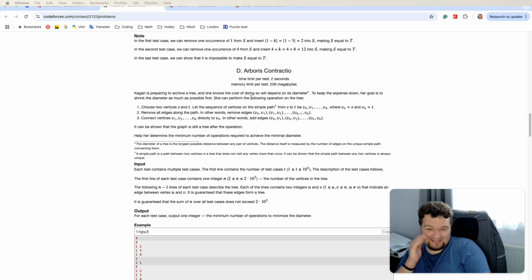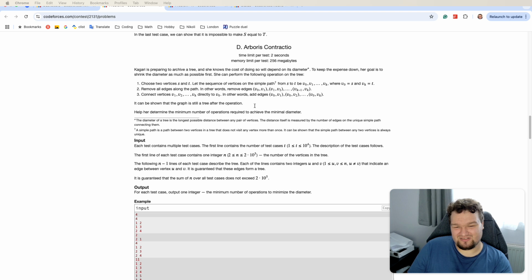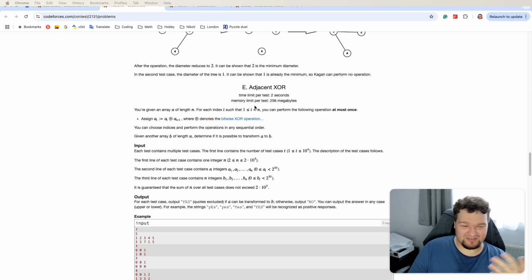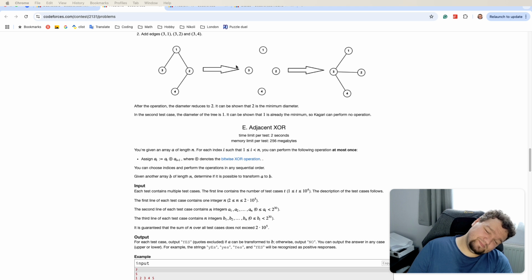I did prove it, but the proof was harder than just guessing. So I would think that D would be very solvable, more than it deserves to, because the proof of the solution is not that easy.